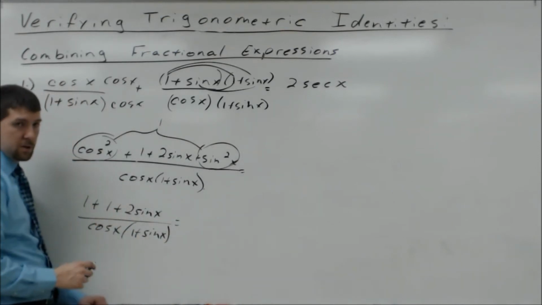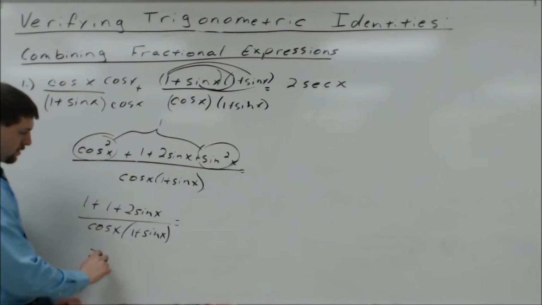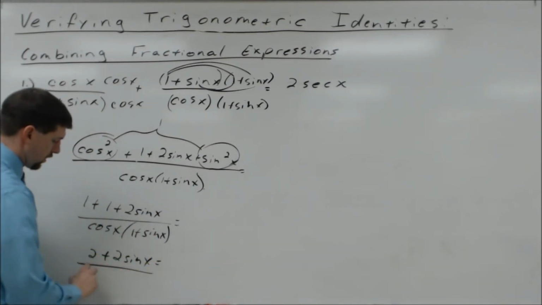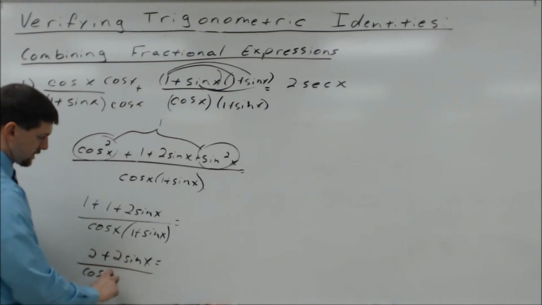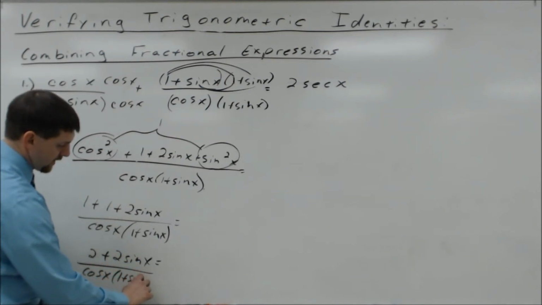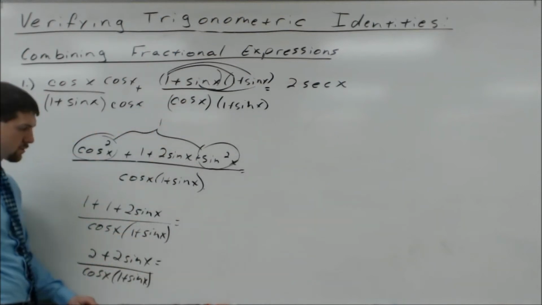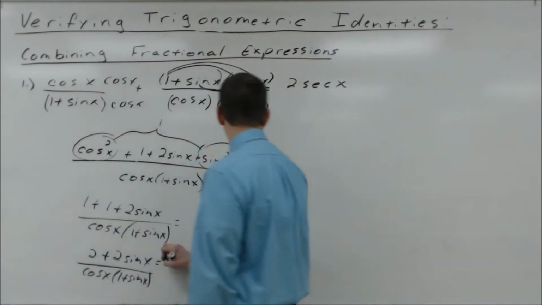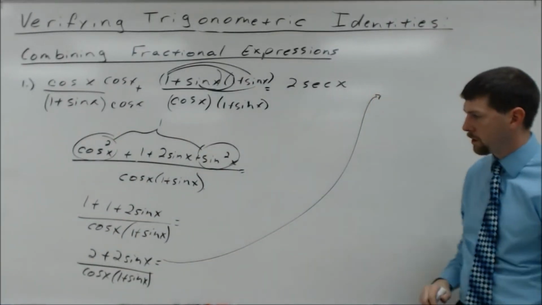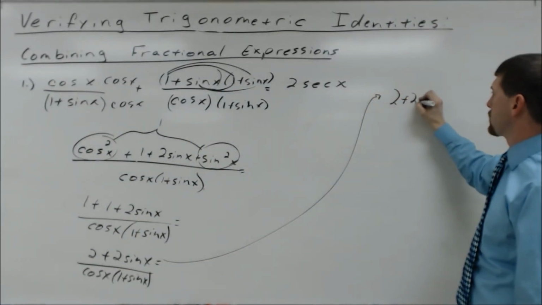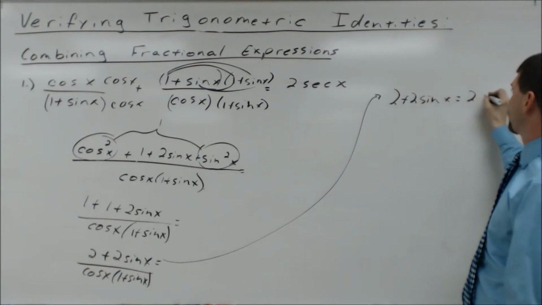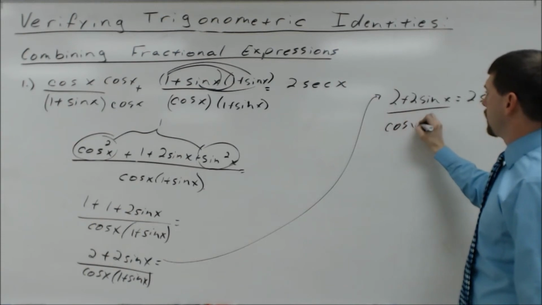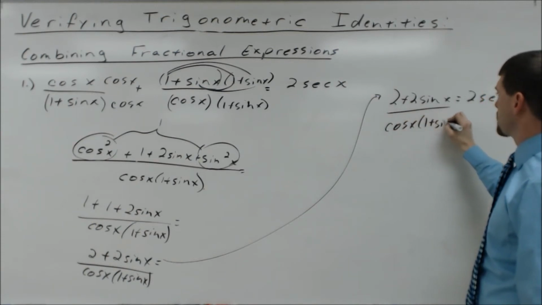Well, that's helpful because 1 plus 1 is obviously 2. 2 plus 2 sine of x over cosine of x times 1 plus sine of x. So we're getting closer to the 2 secant of x that we were wanting to get to. Let's pull this up here so we have a little more room to work. So I'm now sitting at 2 plus 2 sine of x, and we want to get to 2 secant x. All that was over cosine x times 1 plus sine of x.